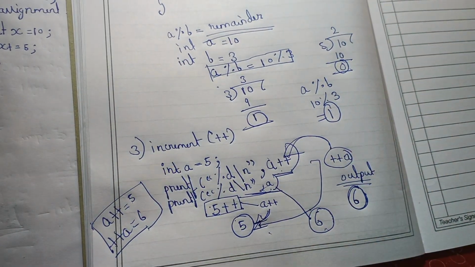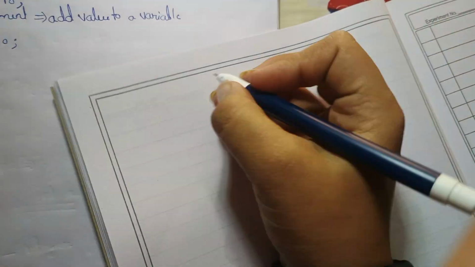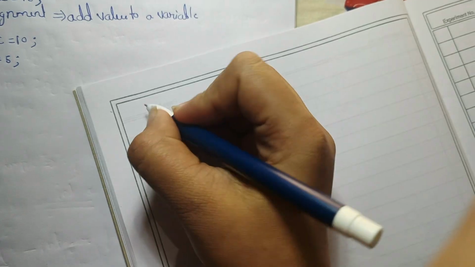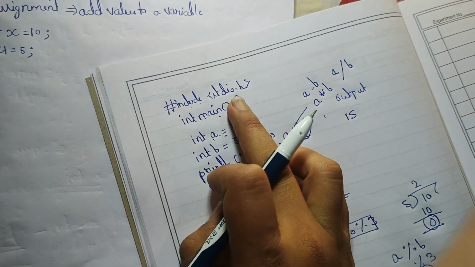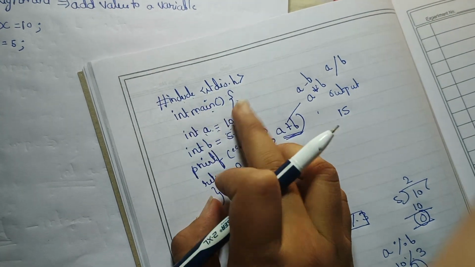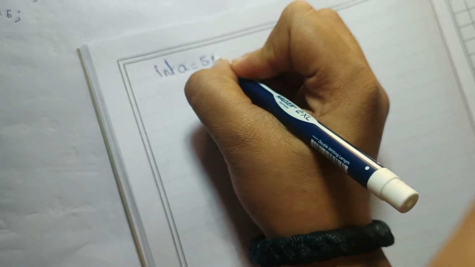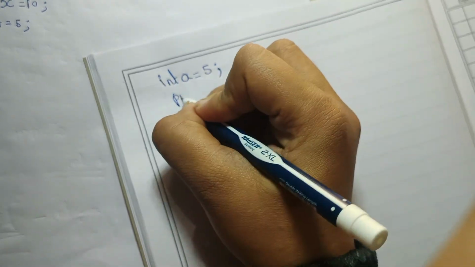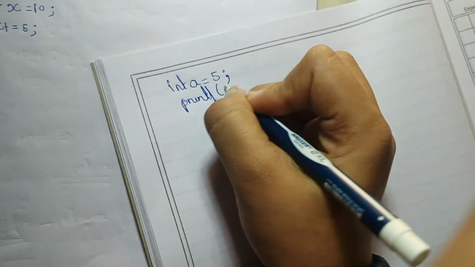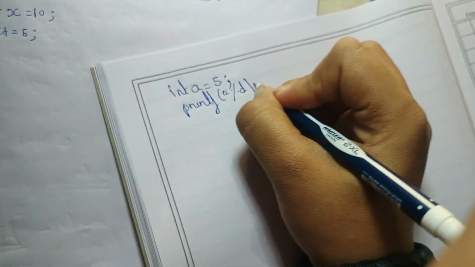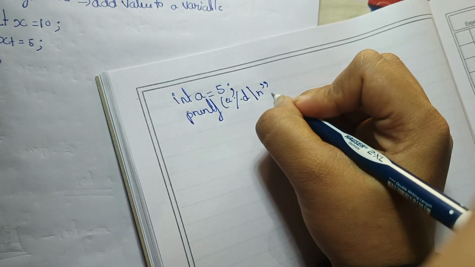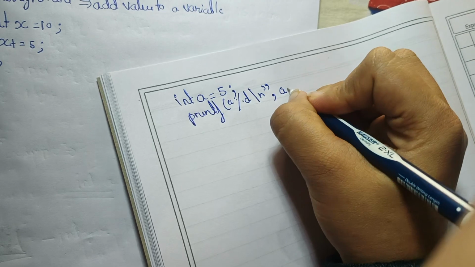Next we'll see the decrement. For decrement, the same way, okay, other things will be common, that is include stdio.h and int main. Now I have to declare the variable. You see, int a is equal to 5, okay. Then I am giving printf with the %d format specifier and a new line. After that I'll write a--.